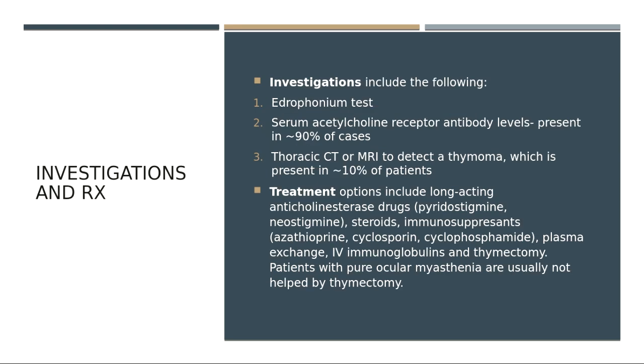And of course, you know the tests, the edrophonium or Tensilon test. You also do serum acetylcholine receptor antibody levels, present in approximately 90% of cases. And you do a thoracic CT or MRI to detect a thymoma, which is present in approximately 10% of cases.